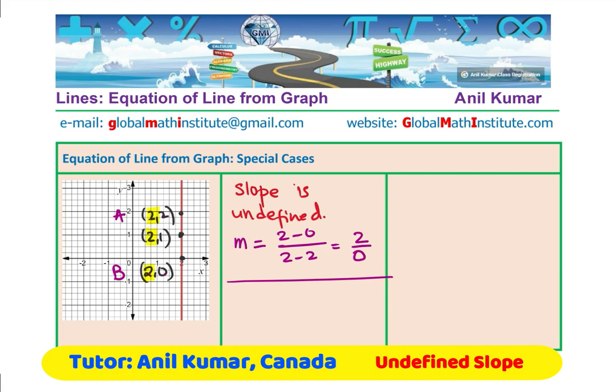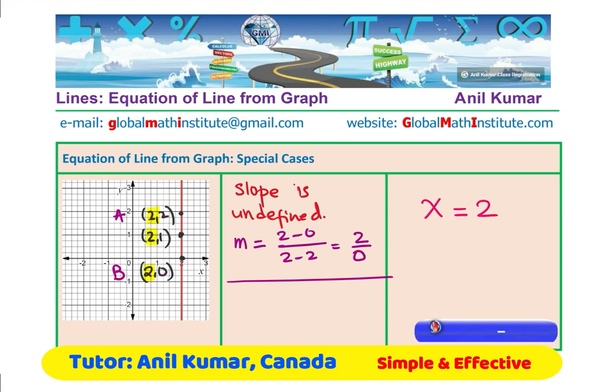Now, you notice one more thing: the x value is always 2. So this is a line where the x value is 2, and that becomes the equation of a vertical line. So x equals 2 is this equation. Perfect. For any vertical line, you have to look for the x value.